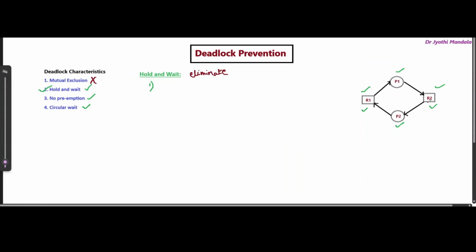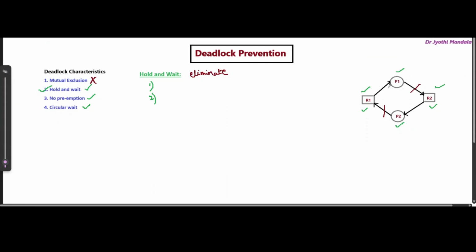I hope you all got the point here. So any process can request for another resource only when it is not holding any other resource. So in this case, P1 cannot request for resource R2 and also P2 cannot request for resource R1. The second approach is that a process should request all the resources at once.